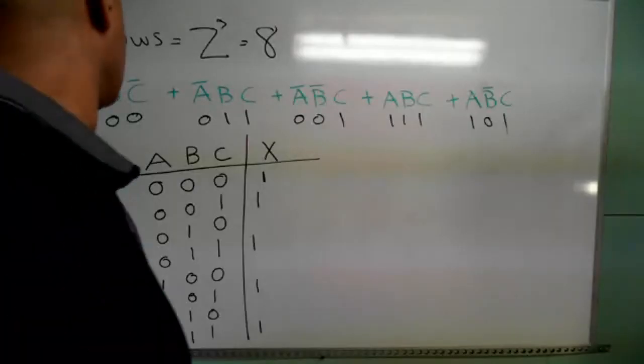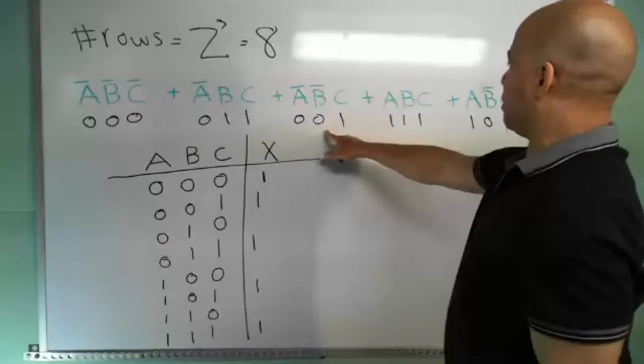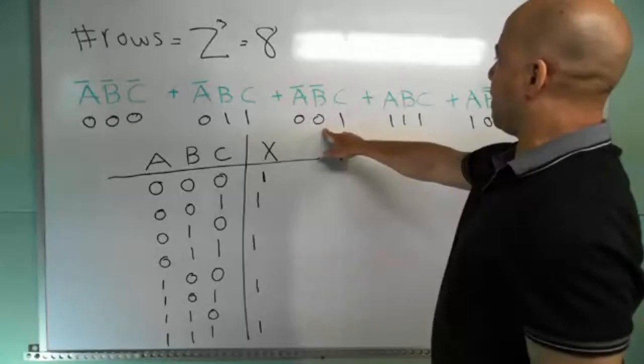I don't care. But you have the A bar, B bar, C, and it's not supposed to be there. Which one? Which term? 001. We eliminated that. Right? I'm not crazy. This one? Yeah. We had 2 of those before, right?